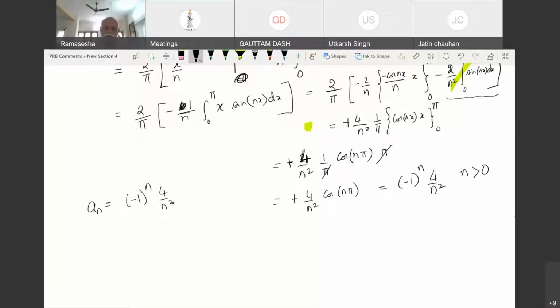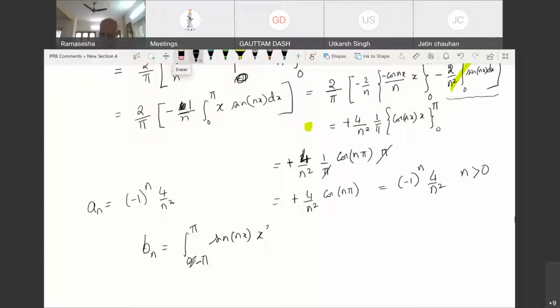Now let us see what happens to b_n. I can write it as equal to the integral from minus pi to pi of sin nx times x squared dx.